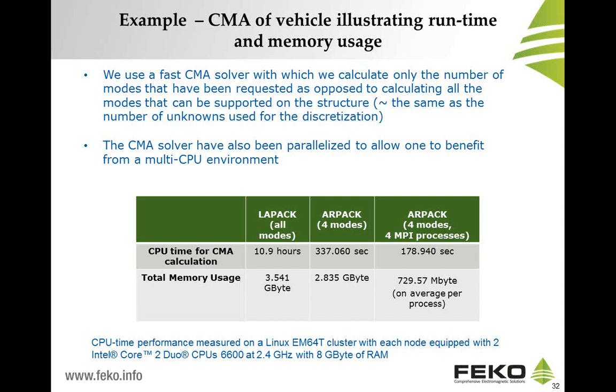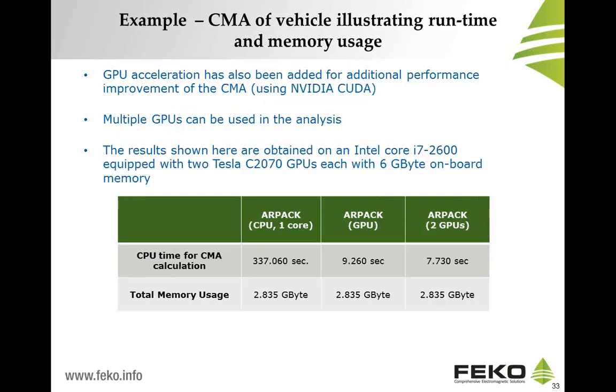And so does our memory usage reduce quite a bit. We've also added parallel support, in that you can use a multi-core or multi-CPU environment in which to parallelize this solution in order to get the answer even more quickly.